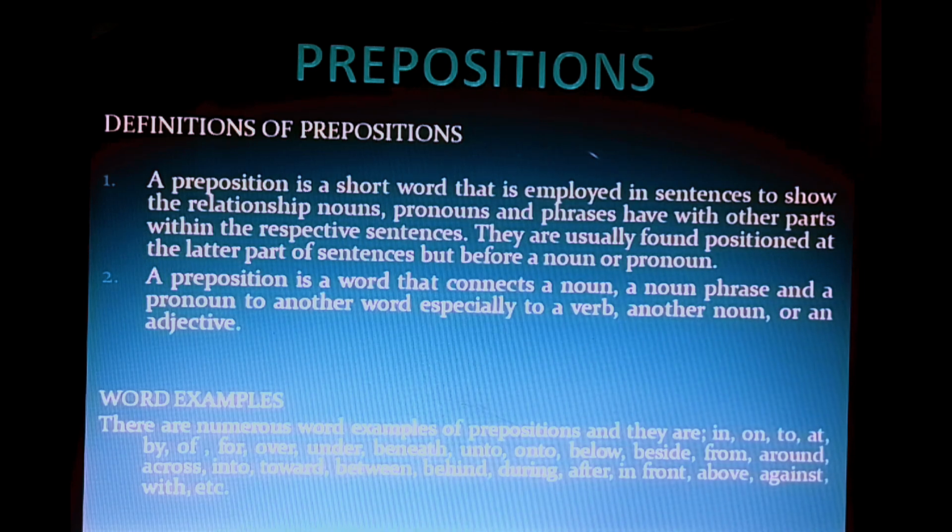So all these words you are looking at on your screen are prepositional words.